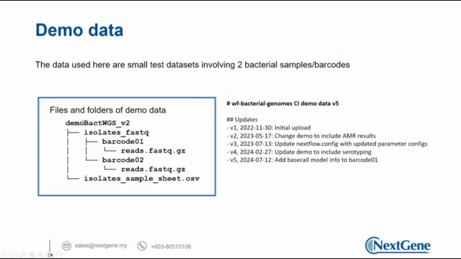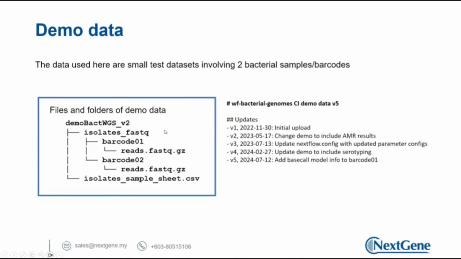This data contains 2 samples. One is using barcode 01, another one is using barcode 02. Inside the folders of barcode 01 and barcode 02, both of them have one FASTQ file. FASTQ is basically the file format for most sequencing technologies. So we can arrange our folders like this.